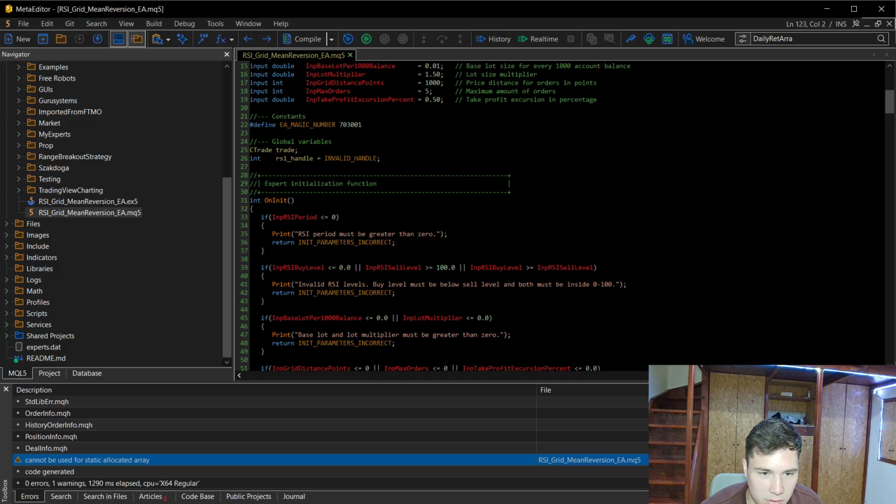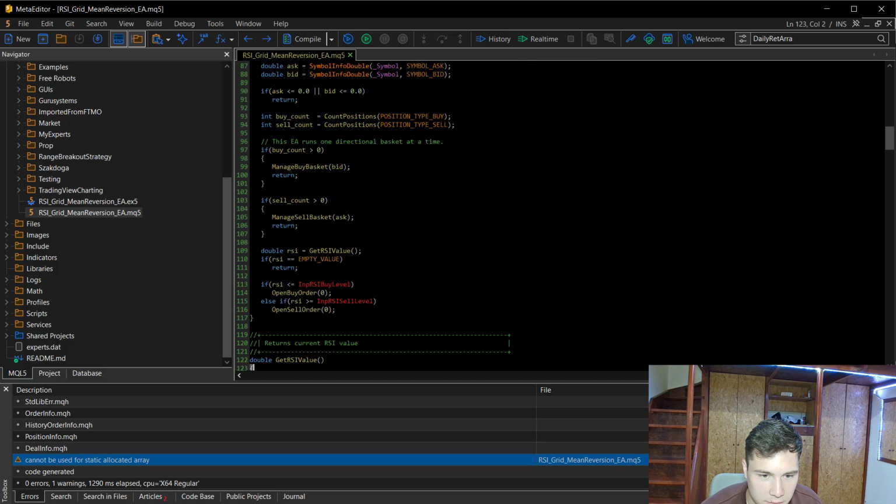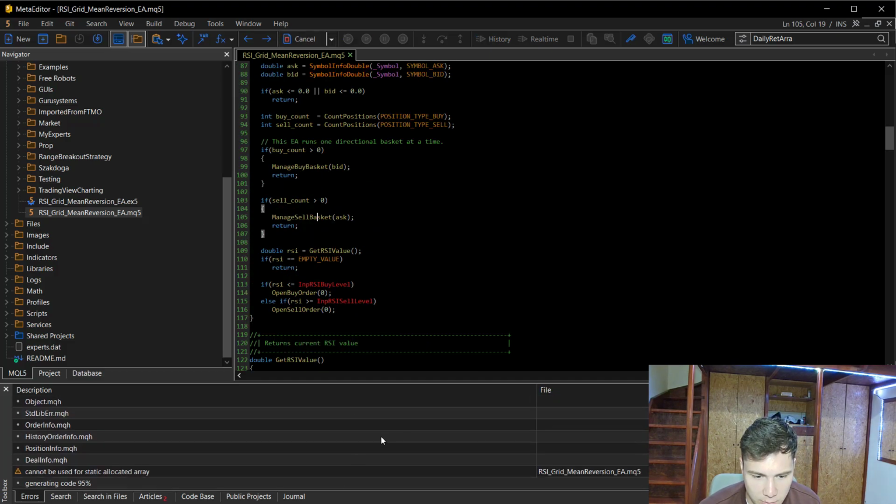This will be used in the OnTick if I'm not mistaken. So this is basically just for the opening of the first trade. If you have an open trade, we are not going to check the RSI at all. We're just going to manage the basket that we already created by opening the trades. And that's basically it. So that's how the EA functions.